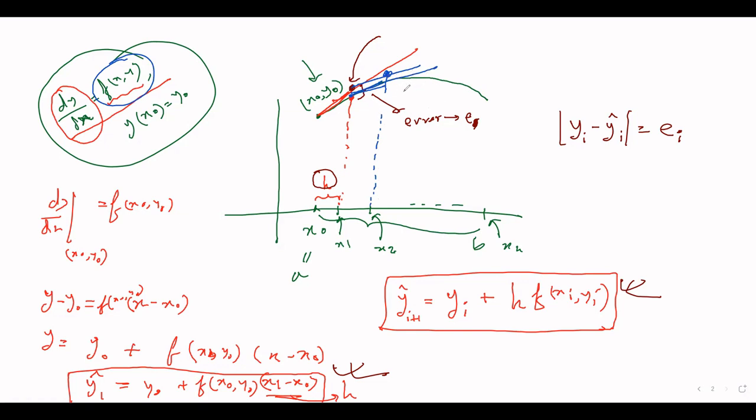We are going to use this again and again, and finally at some point we will reach xn. So most probably the final values of the yi caps would give us an impression that the final solution is something like this.